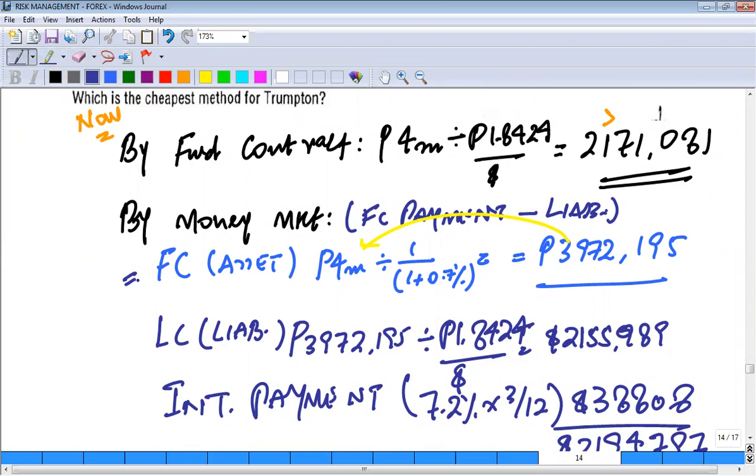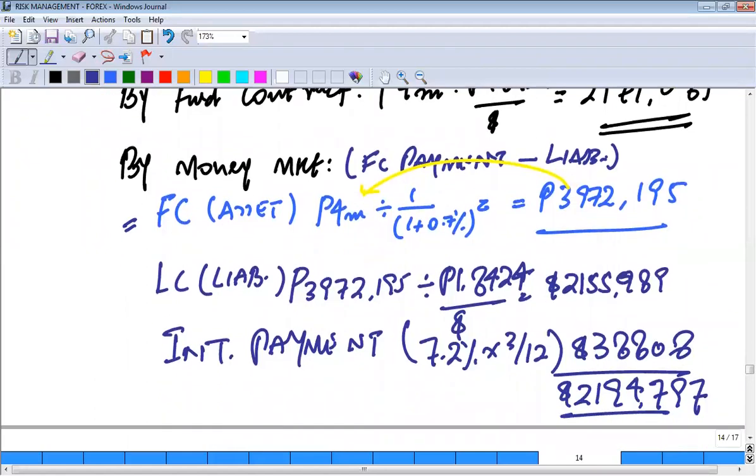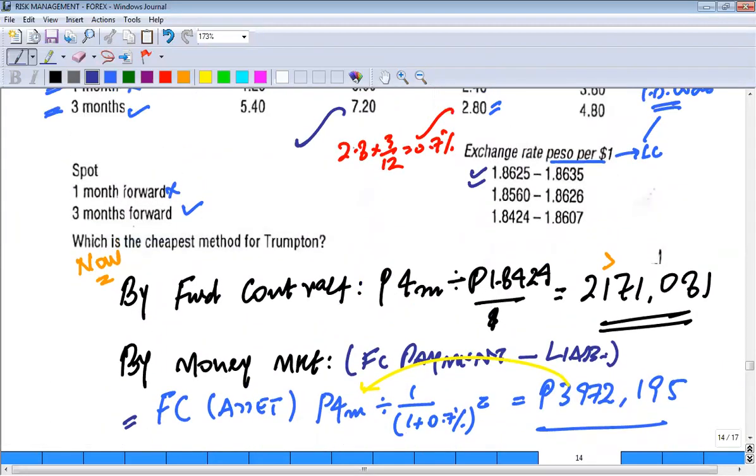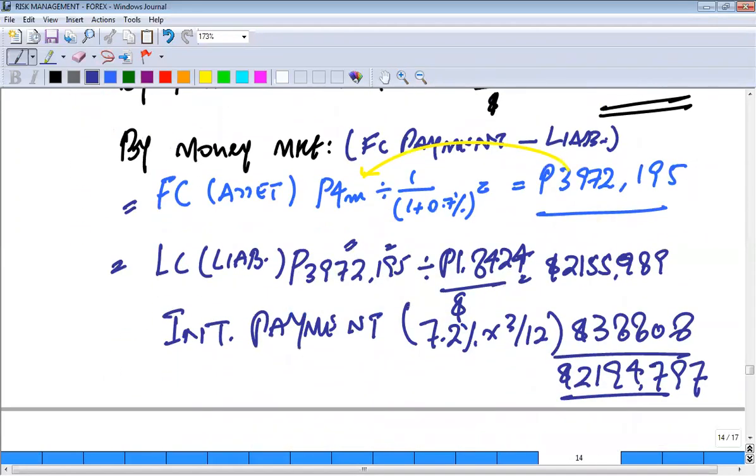Reference to the money market, we have to establish a foreign currency asset of 3,972,195, and for this we have to make a liability. Liability means you have to purchase 3,972,195 immediately. Immediately means spot. We have to buy it, the bank will sell it. That is 1.8625.